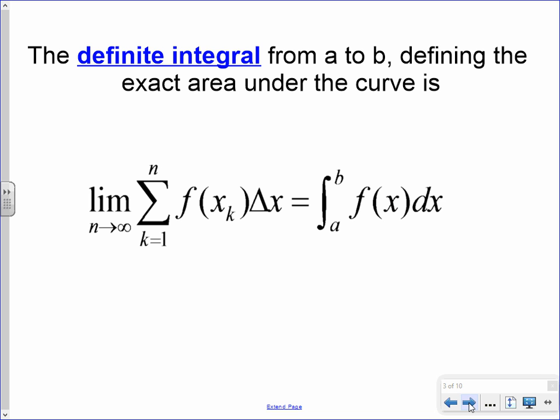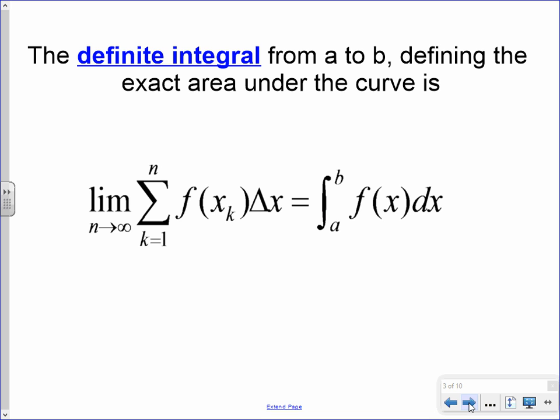But for today, we're going to focus on the area concept. The integral from A to B of f of x dx means we're finding the area under the curve from A to B. We're going to accomplish that by adding up an infinite number of rectangles in that integral.